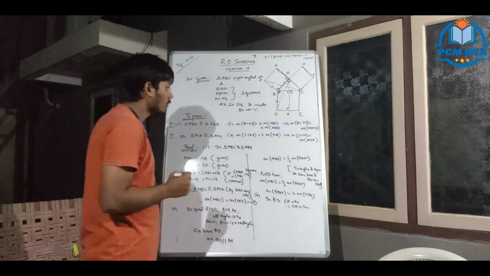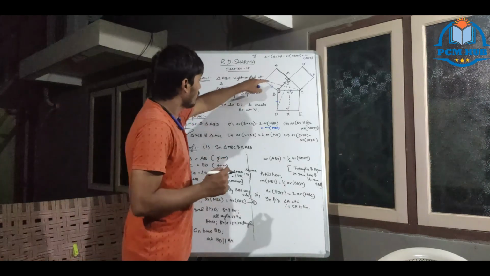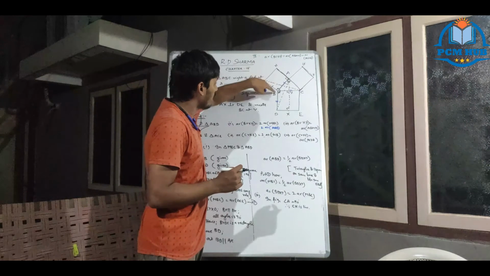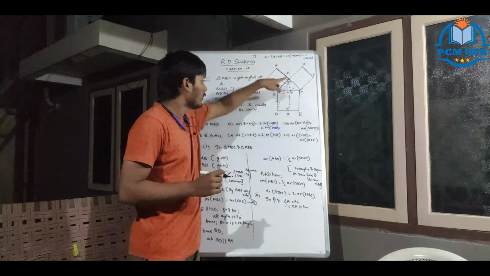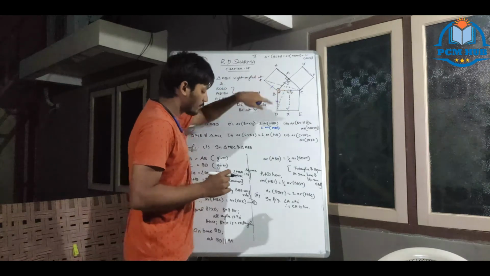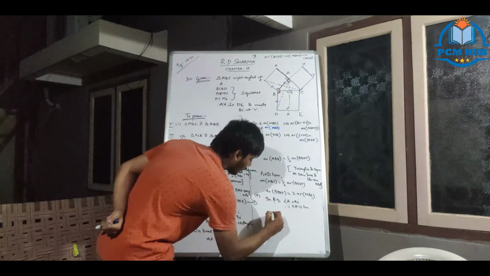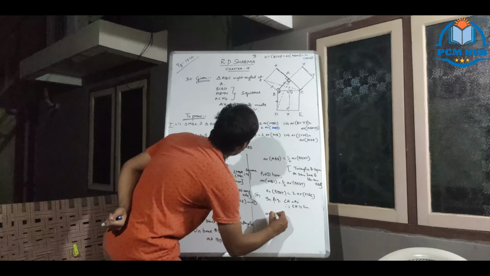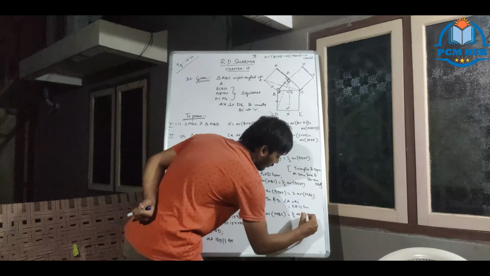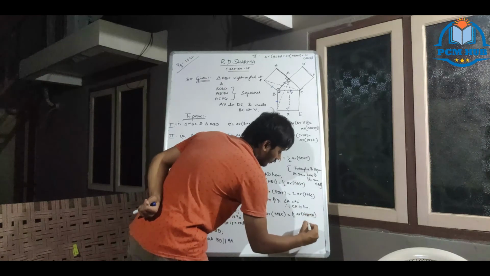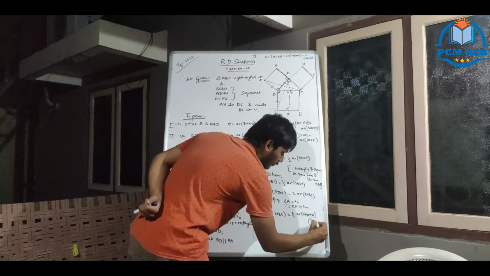Clear? Now, what is there is ABMN. This one, this square. We need this one, ABMN. So area of MBC equal to half of area of ABMN. Same as first and second, I am writing this as a theorem.